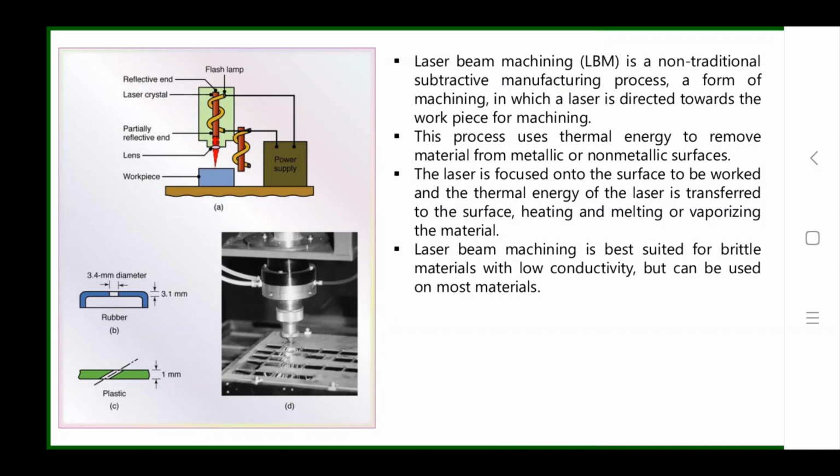In LBM, a laser is used on the surface to be worked, and the thermal energy of the laser is transferred to the surface, which is heated and melts or vaporizes the material. Laser beam machining is best suited for brittle materials with low conductivity but can be used on most materials. This is about the LBM.